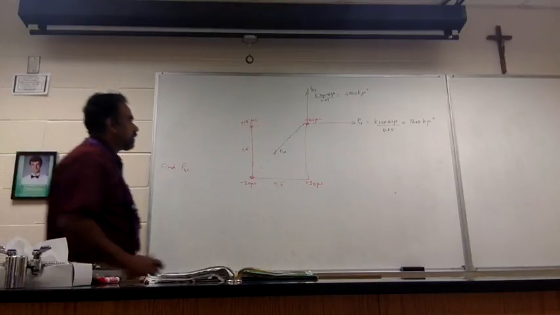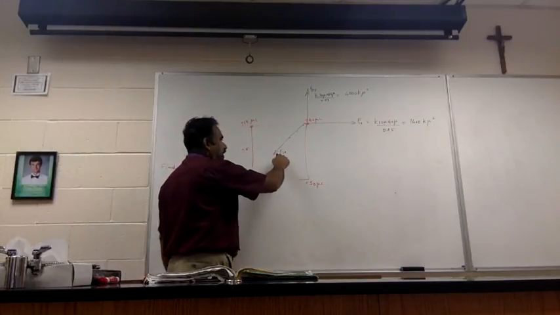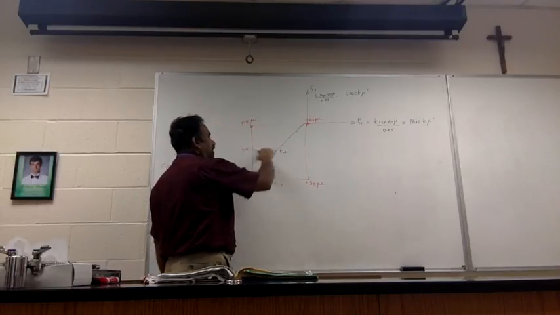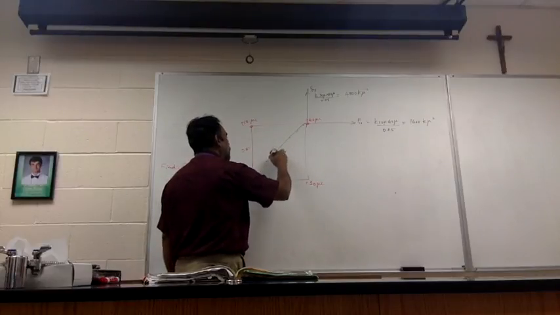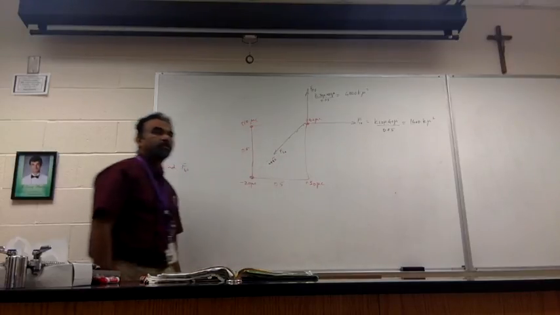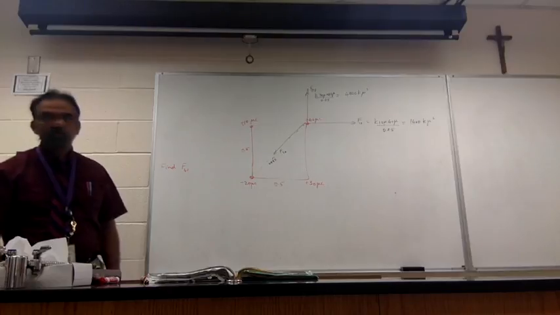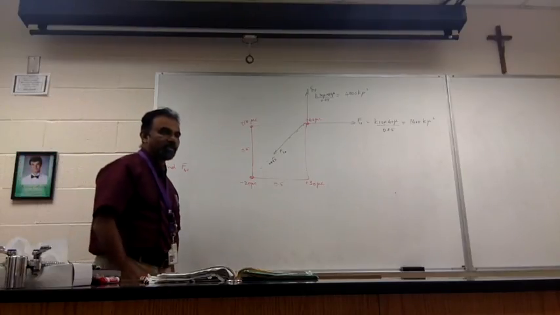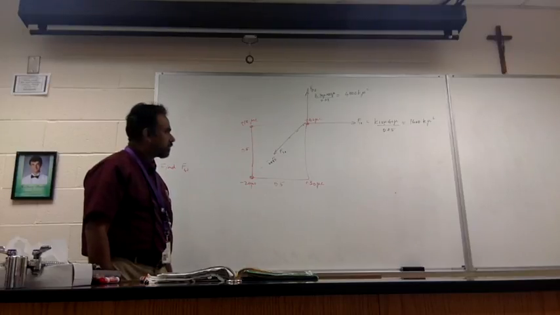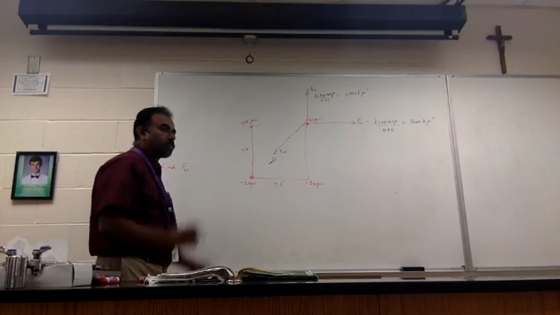Now find out this. To find out this, we need the distance. The distance is diagonal, which is 0.5 radical 2. So this distance is going to be 0.5 radical 2. If you square 0.5 radical 2, what do you get? 0.5 radical 2, the whole square.